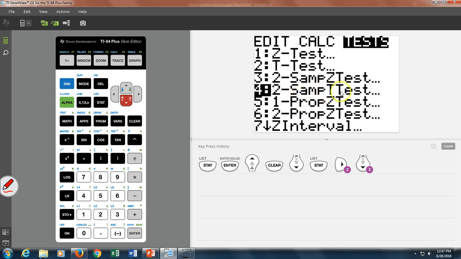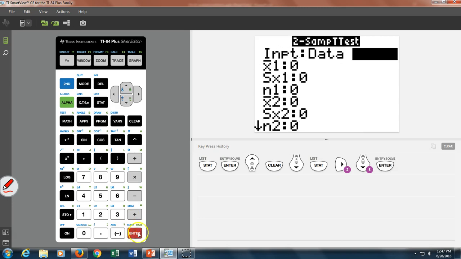This is a two-sample t-test that you'll do to compare means. We'll do an example later with proportions, but for means, two-sample t-test. All right, let's enter that. And we have stats rather than data here. Great. And notice how easy it is to put these figures in. We will put in a mean, a sample standard deviation, and then n.